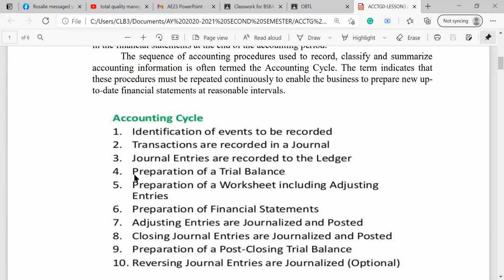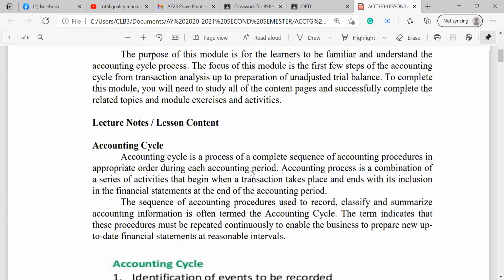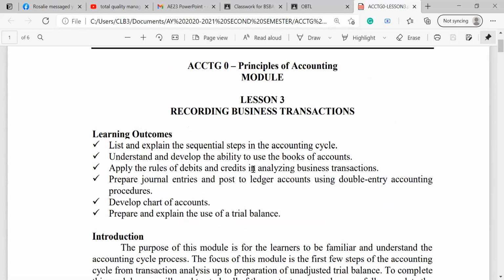So next video na po natin pag-usapan yung preparation ng trial balance at saka yung mga susunod. Okay po, i-master muna natin yung journal entry tsaka ledger. So, yun muna po yung discussion natin for this video.